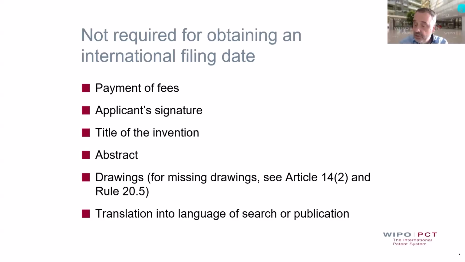Because there are some inventions that simply do not require a drawing. So think of a chemical case where you might have a lot of very complicated formula, but you might not have any drawings. So we could not, under the PCT, make drawings a requirement to get a filing date.